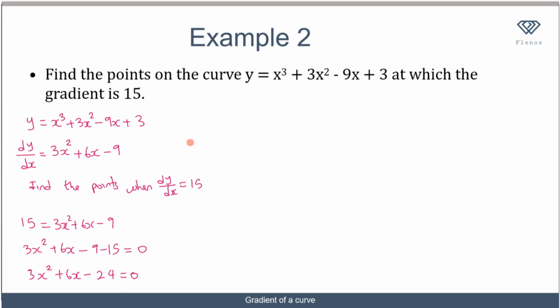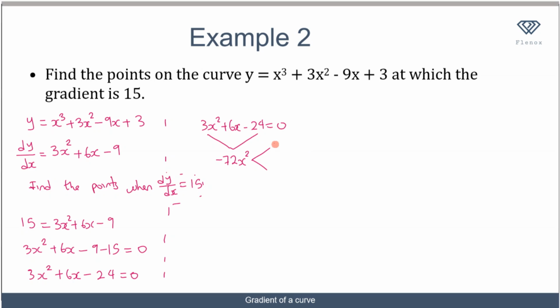So as you can see, I have gotten a quadratic equation, and I can easily find the values of x. To find the value of x, I have to factorize the equation 3x squared plus 6x minus 24 is equal to 0. So to factorize, I multiply the first and the last term together, and that gives me minus 72x squared. And I ask myself, what two numbers would I multiply together to get minus 72x squared, and when I add them together, I get 6x?